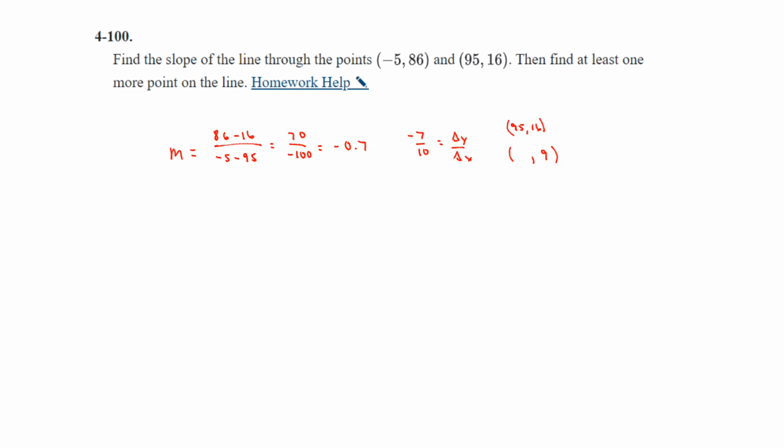And then 10 units for your x would be 105. So that would be an example of another point on the line. You could also write the equation of the line and then find another point that way. So lots of different ways as to how you could approach this problem. That was just one example on how to do it.